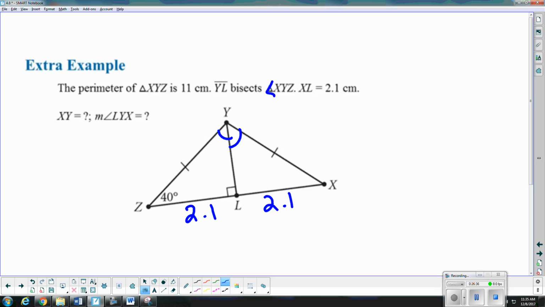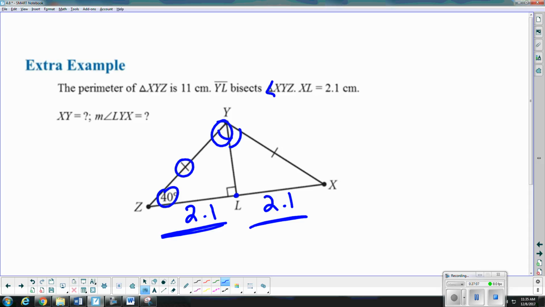If YL is the angle bisector, then what we just proved was that L is the midpoint because those 2 triangles are congruent, by angle, side, angle. So if this is 2.1 centimeters, then this also has to be 2.1 centimeters.